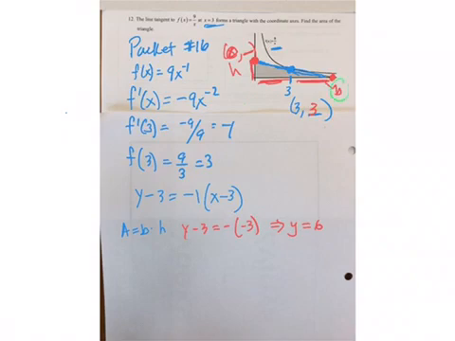To find out where our x-intercept is, I'm going to go back here. This looks more like a b than a 6. Okay, so for the x-intercept, I'm going to change the point slope form of our equation to the slope-intercept form.